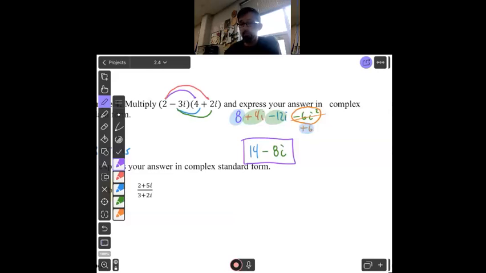So distribute, deal with your i squared, combine like terms. Shouldn't be too big of a deal. Adding, subtracting, multiplying with i's shouldn't be a big deal. Division's its own little kind of nasty thing, but that's often the case for division.